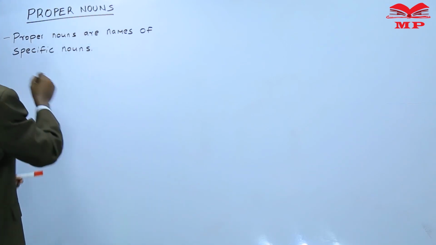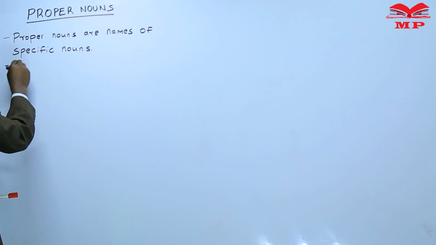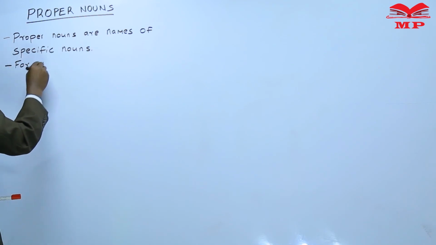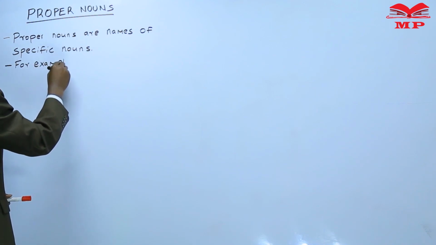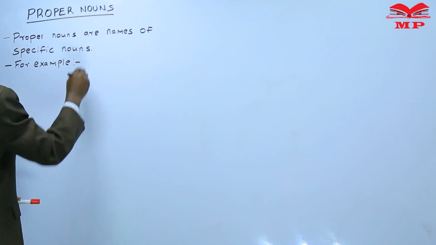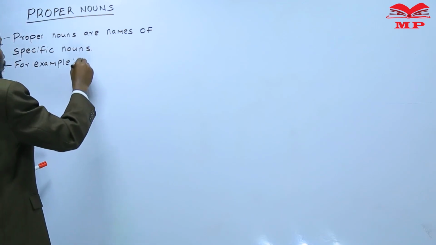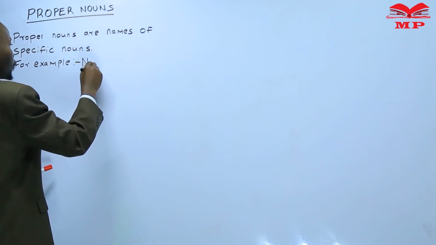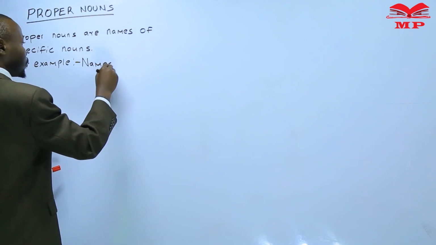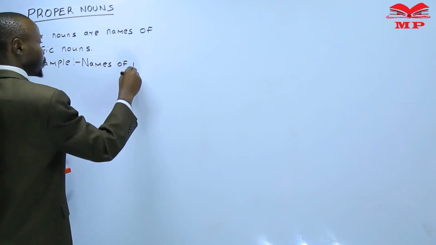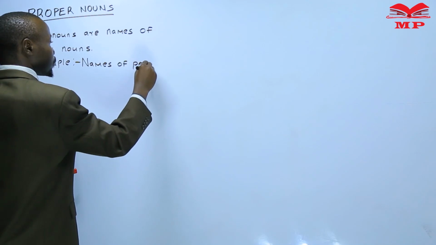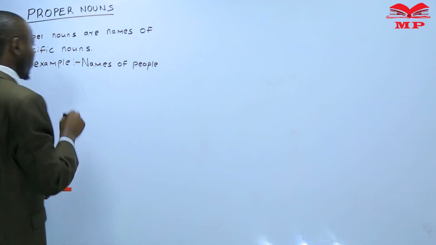For example, the first example under the proper nouns are names of people.